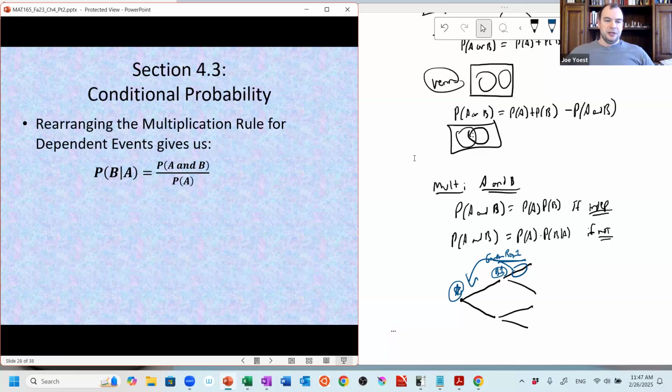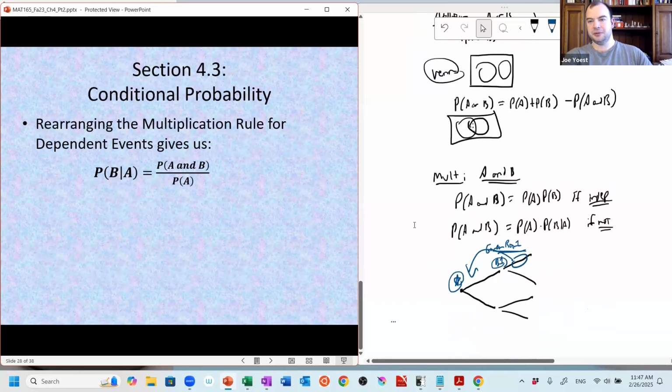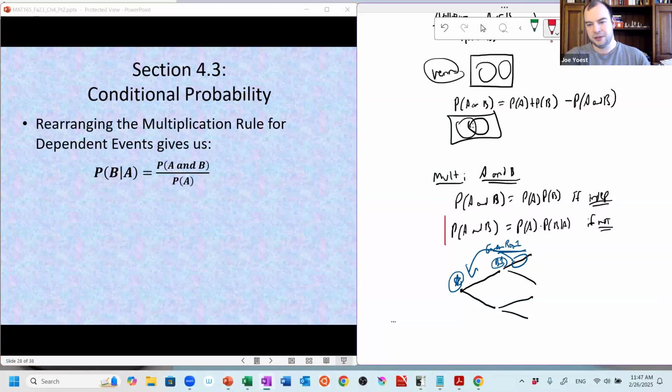Okay, let's discuss conditional probability just a little bit further. So if we look at our multiplication rule for dependent events, let me box it over here. We see this conditional probability comes up, this probability of B given A. I can solve for probability of B given A by dividing both sides by probability of A, presuming that probability of A is non-zero.